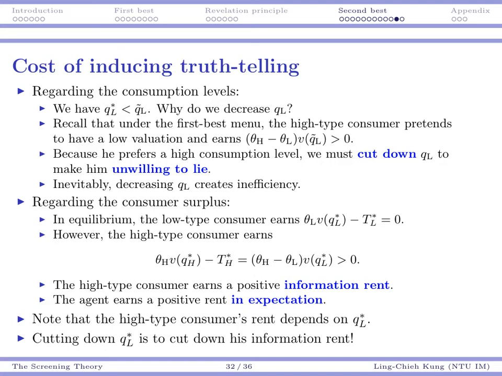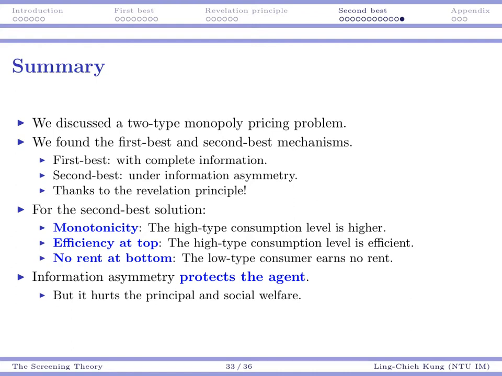Okay, so now we have introduced the idea of information asymmetry, and how we may formulate it as a mathematical problem. We are able to solve the complete information problem, and we are able to solve the second best, or the information asymmetry problem. We have the first best and the second best mechanisms, and we see the following observations or insights.